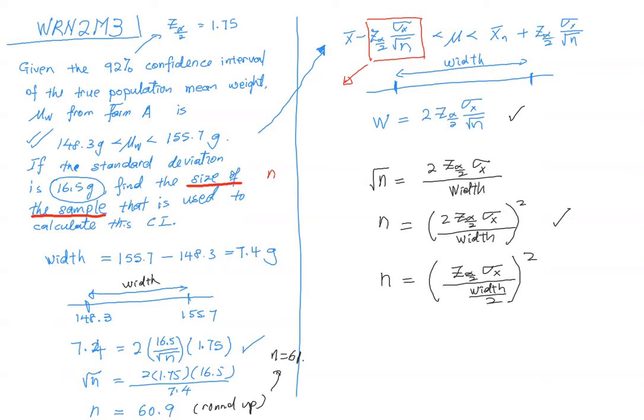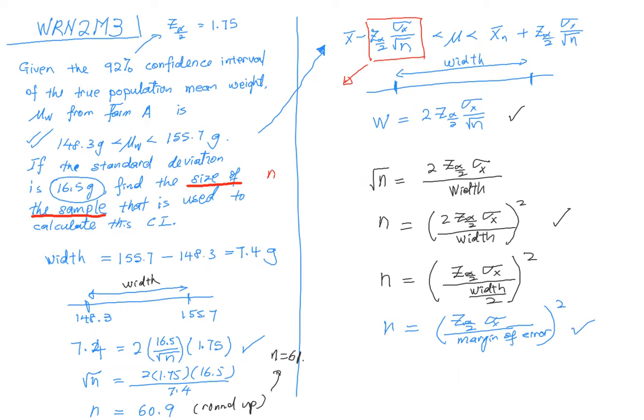So that means width divided by 2, we can also say is margin of error. So that means I can also write this as z alpha over 2 times the standard deviation of the population divided by the margin of error, squared.